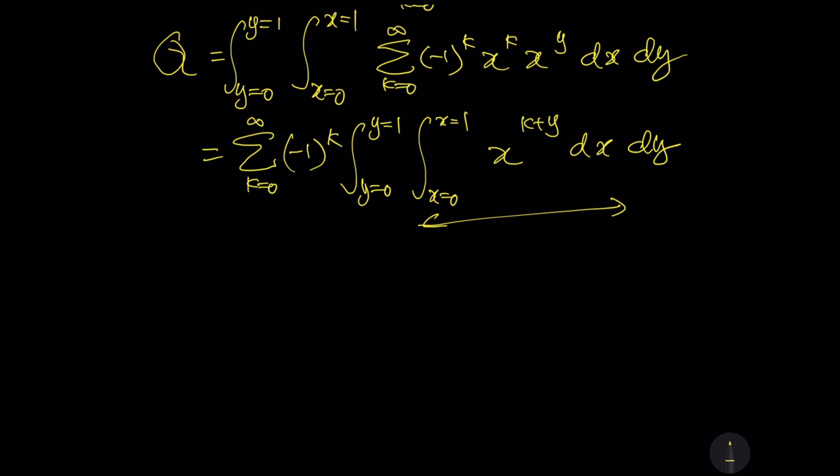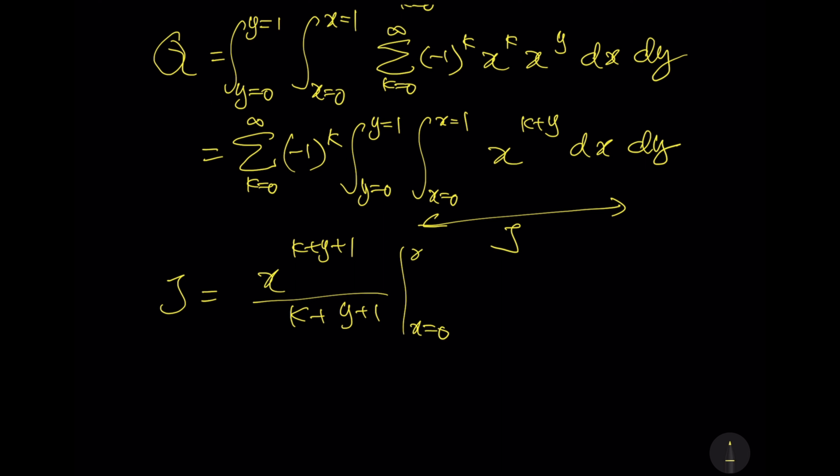Focus on the inner integral. After integrating with respect to dx, we get x power k plus y plus 1 divided by k plus y plus 1, for x equals 0 to x equals 1. Putting in the values, we have 1 divided by y plus k plus 1.